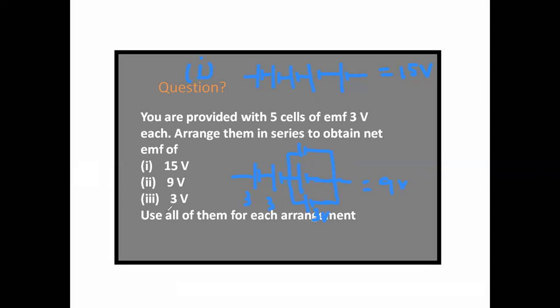What about the third part? You have to get 3 volt out of them. So EMF remains the same, and this is again an easier one. You have to connect all 5 of them in parallel to each other. So how will these be connected? We will connect all 5 of them in parallel to each other.